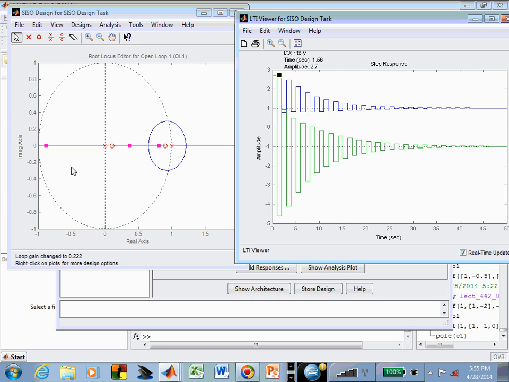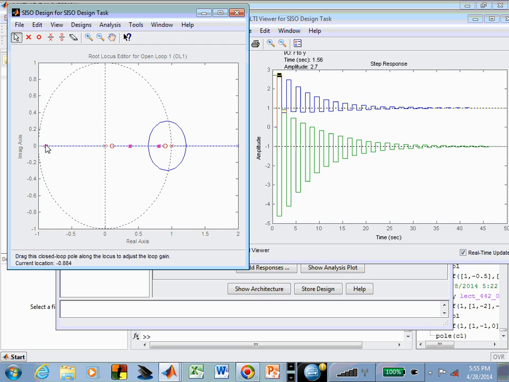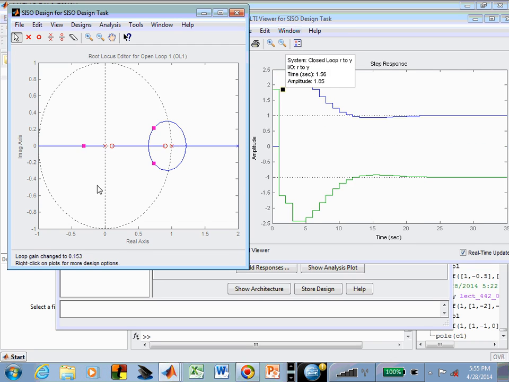I somewhat arbitrarily picked a beta 1 to give me a 0 at 0.1, and a beta 2 to give me a 0 at 0.9, because I knew that would give me a root locus shape like the one indicated here, and that would hopefully allow me to provide some dominant complex poles and a third pole not too far into the negative part or close to z equal minus 1. That was the idea.